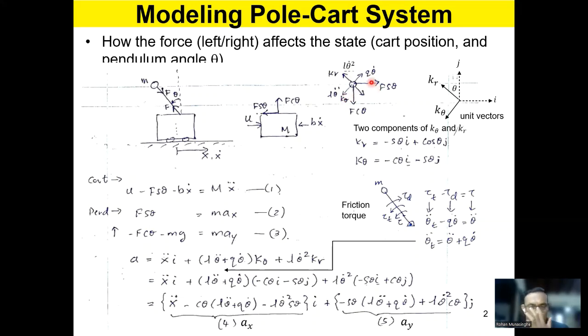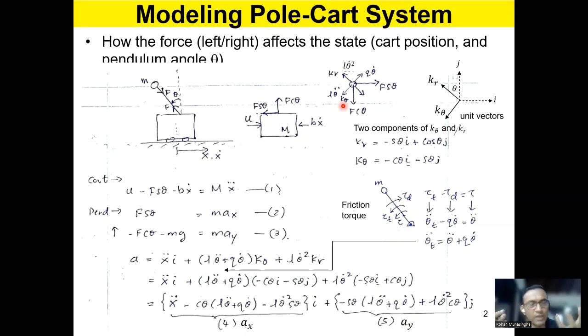Now, I have indicated here two unit vectors. One is along the tangential direction, that is the direction of L theta double dot. That is k theta. This k theta is a unit vector in that direction. So it's changing as the pole rotates. It's a unit vector, okay?